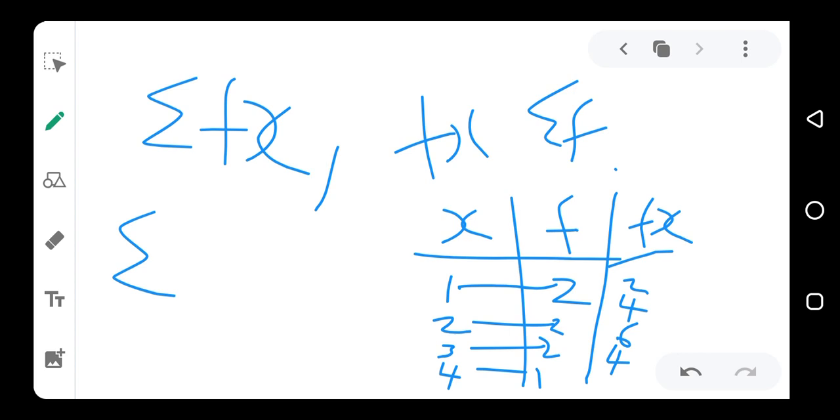So sigma fx means we add these 2 plus 4 plus 6 plus 4. 2 plus 4 is 6, 6 plus 6 is 12, 12 plus 4 is 16. So sigma fx is 16.